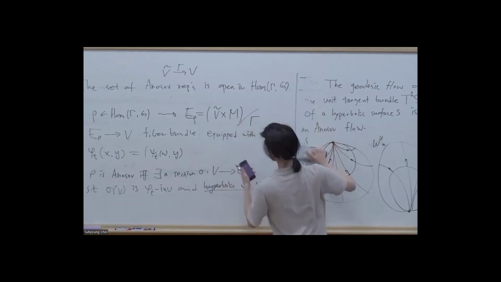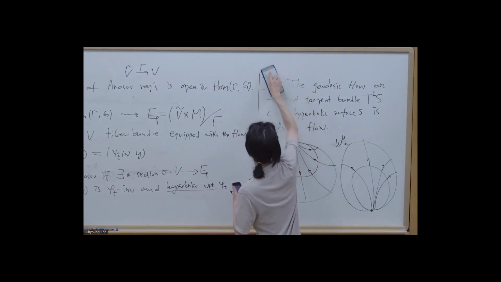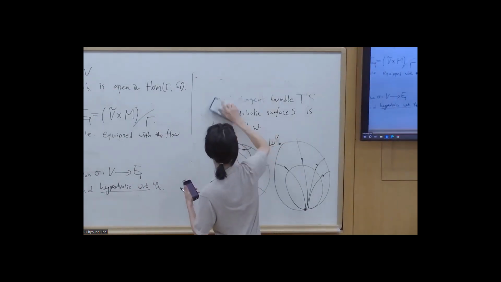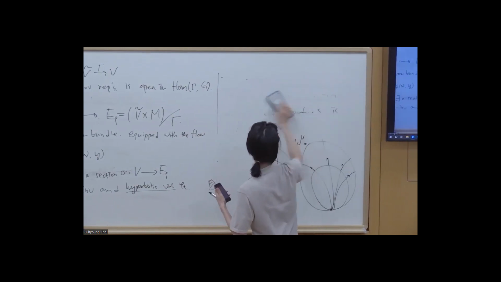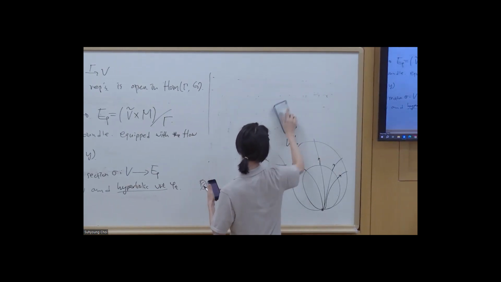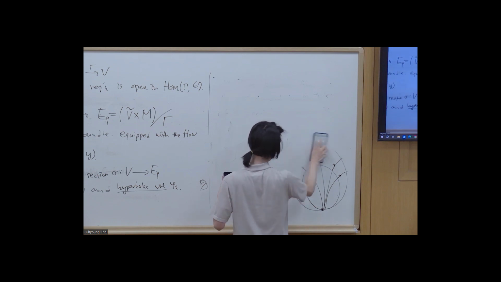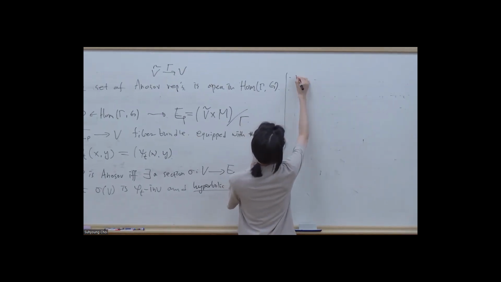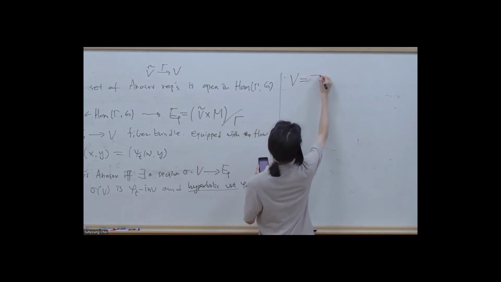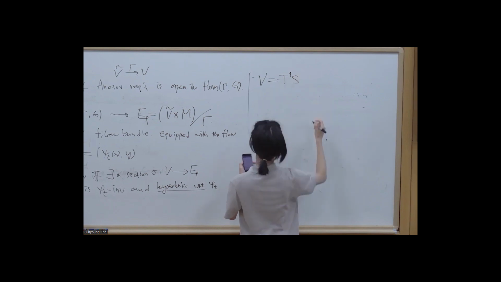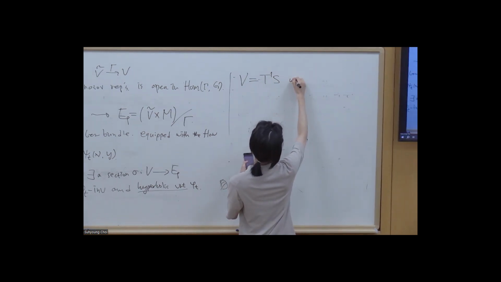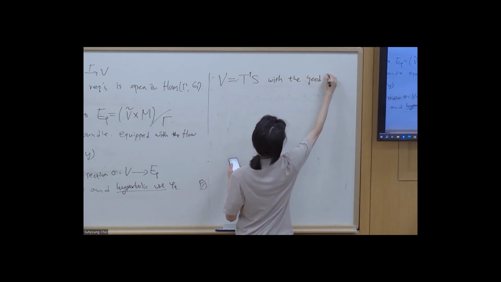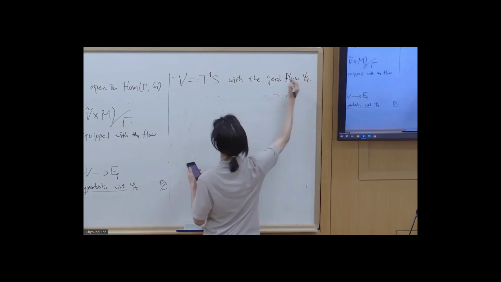And this is a very general picture, and we are particularly interested in the following situation. In our case, V will be the unit tangent bundle of our hyperbolic surface, of course with the geodesic flow.